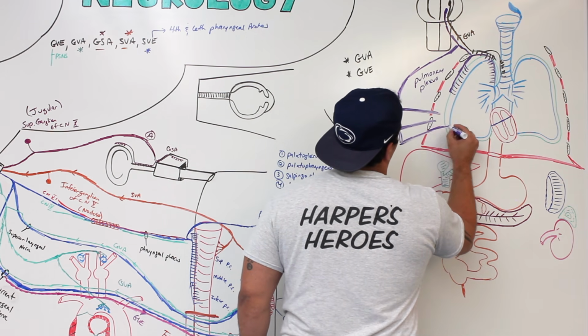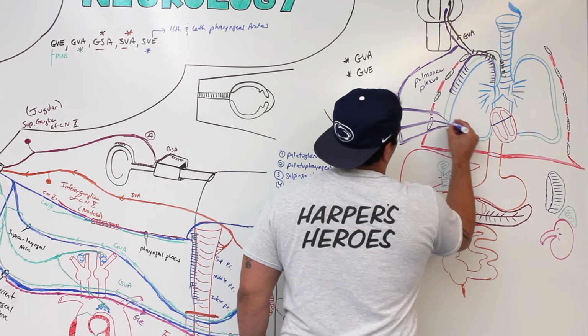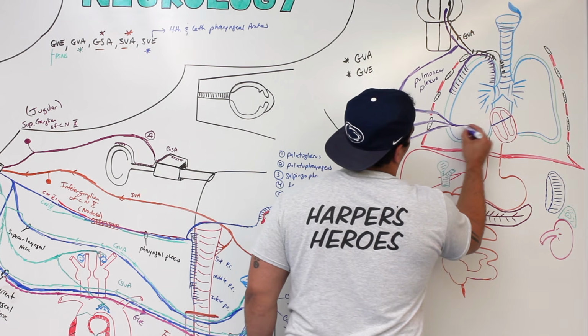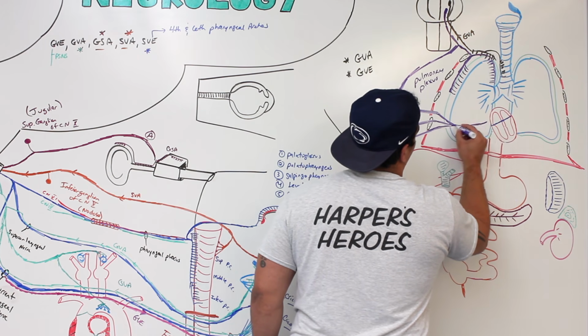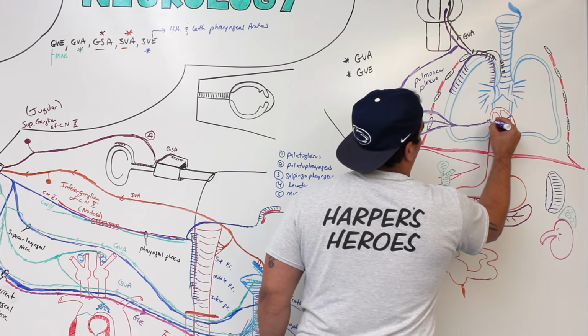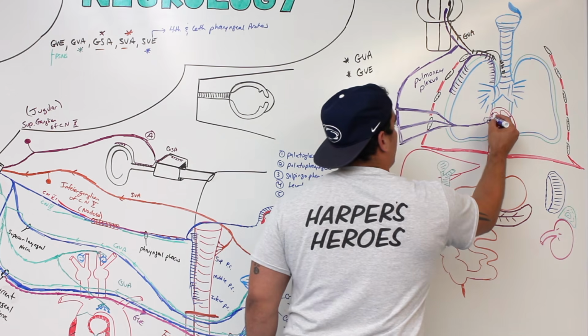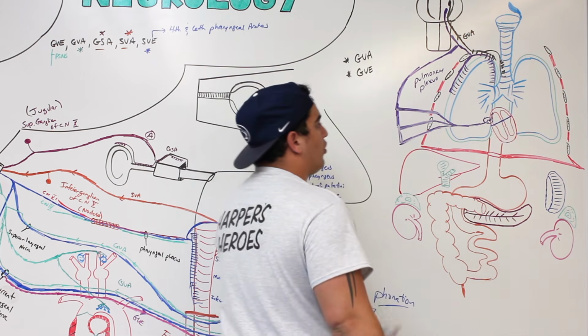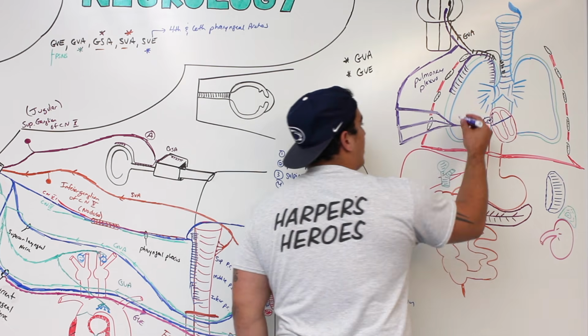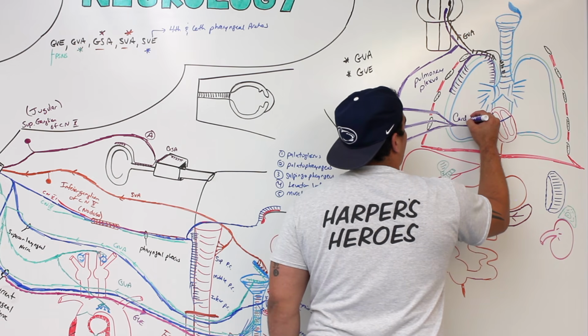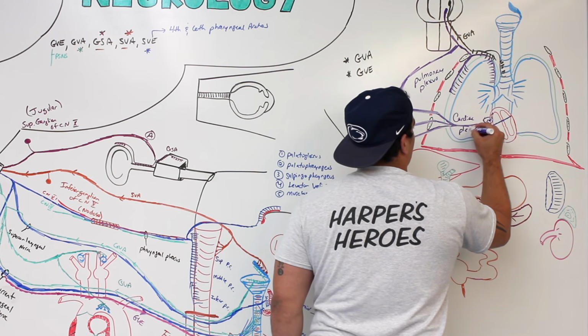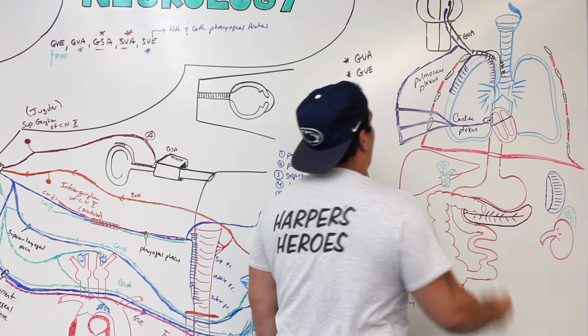And all of these branches will become a part of a very important structure that goes to supply the heart. Inside the heart, there's going to be these intramural ganglion, these terminal ganglion, that'll go to the heart. What is this structure here called? This is the cardiac plexus. Okay. So again, what is this structure right here?